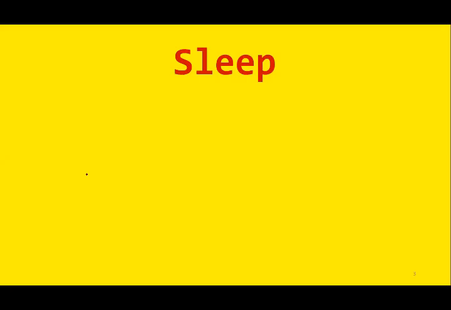So what is sleep? It's very difficult to define sleep. Sleep is not merely closing your eyes and counting sheep. Rather, it's a very intricate, very complicated procedure.